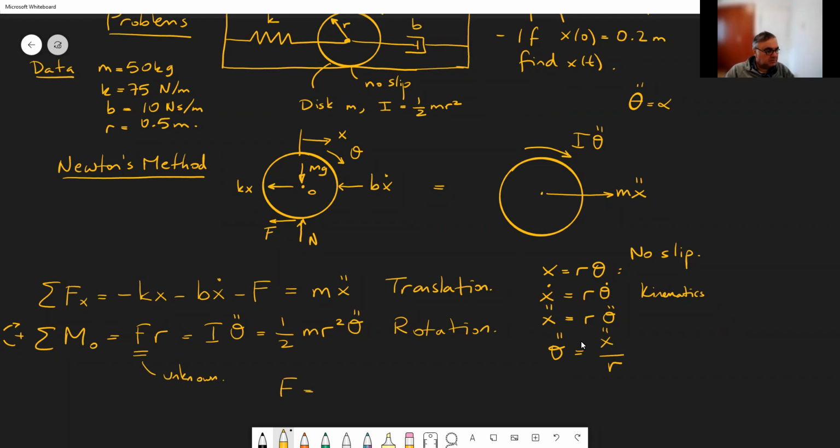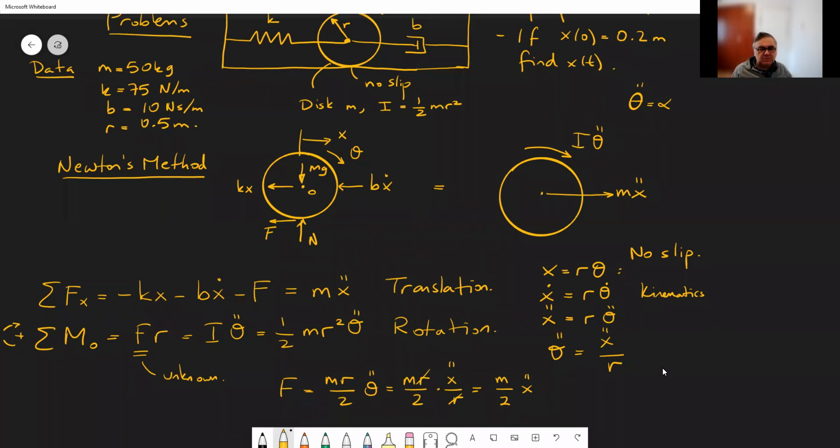F is equal to, if you divide it, m R over 2 theta double dot. Theta double dot is x double dot over R, right? So R over 2 times x double dot over R. The R's cancel. So it is m over 2 times x double dot. Interestingly, we get a simple expression.